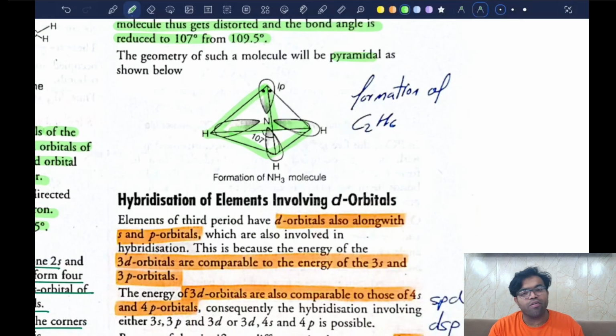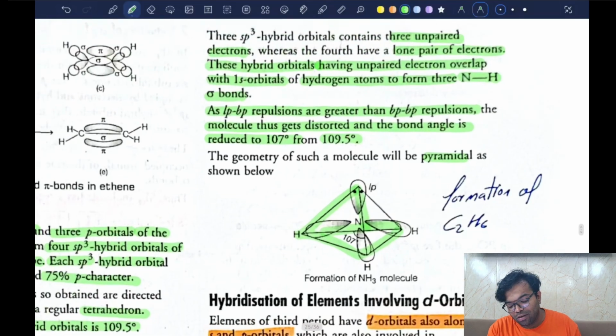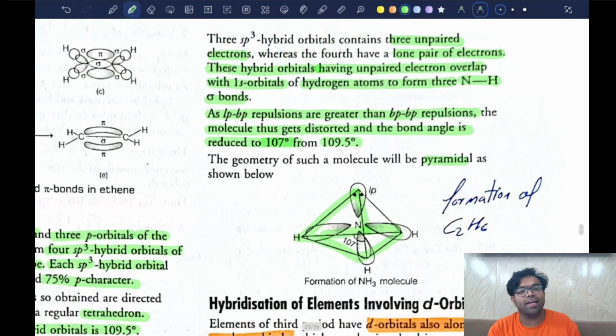Therefore, it is going to reduce the bond angle between hydrogen, nitrogen, and hydrogen from 109 degrees 5 minutes to 107 degrees. And since the bond angle has been reduced, we cannot call it a tetrahedral arrangement. We can give it the name trigonal pyramidal structure. I hope it is absolutely clear.